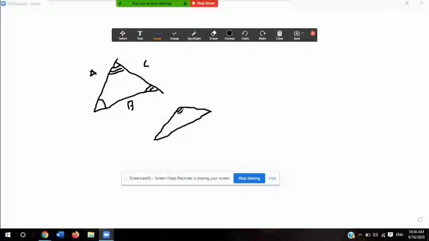So we have three arc marks, and we had two arc marks here, and we had one arc mark here. And we'll call this D, E, and F.